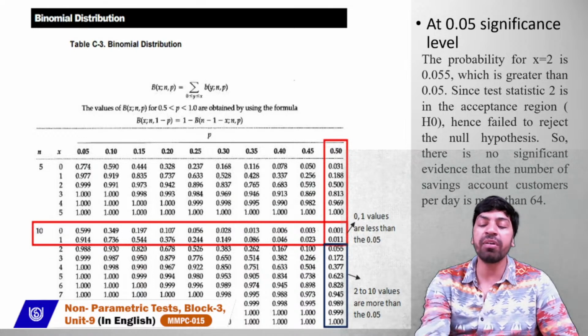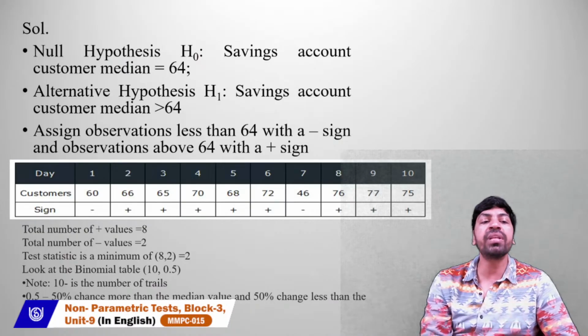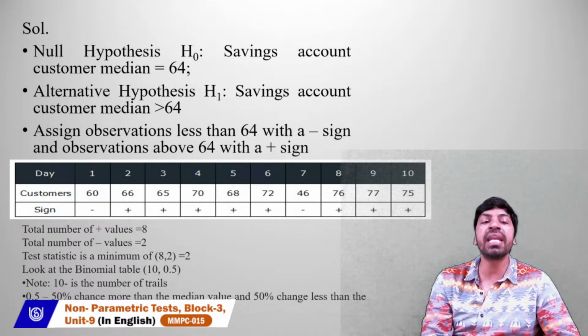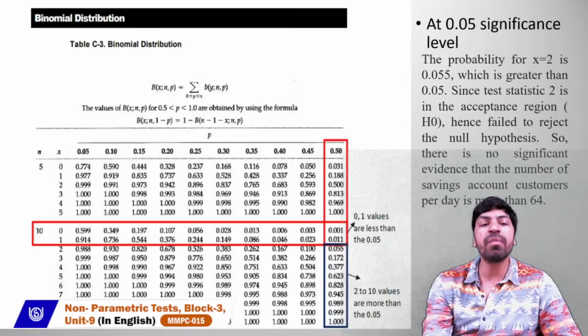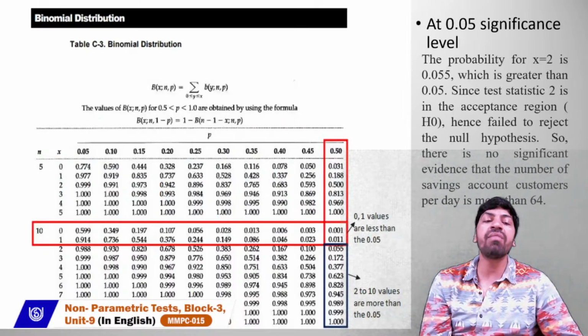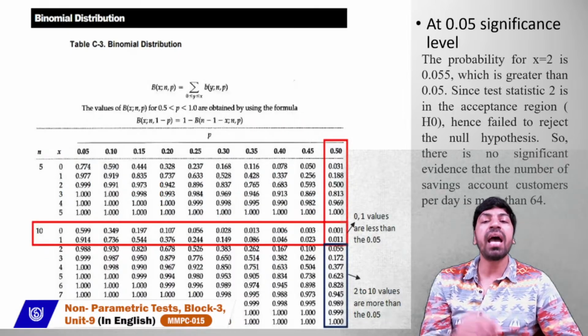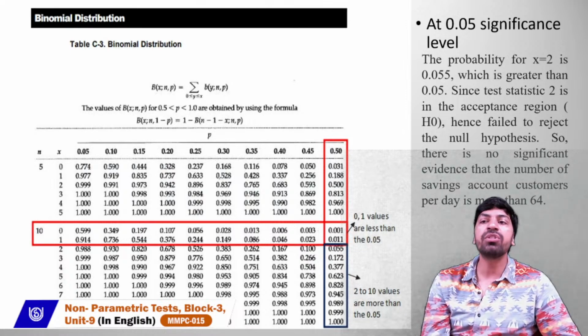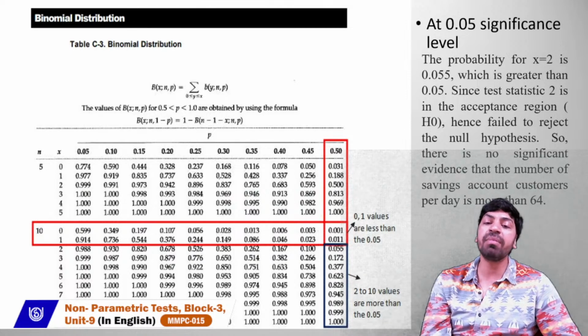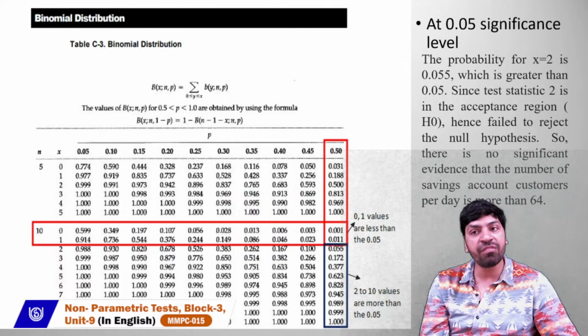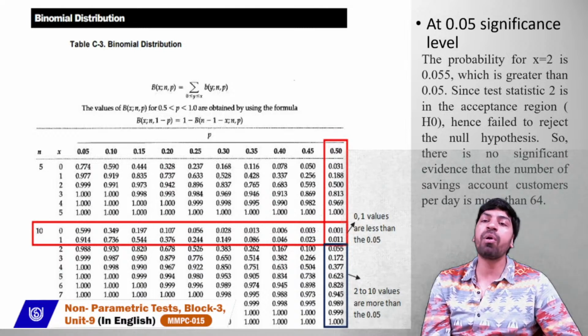As we have already estimated, the test statistic is the minimum of the positive and negative signs, that is 2. So the minimum sign is 2. We need to estimate the value of x at 0.50. The binomial table value is 0.055, which is greater than 0.05.